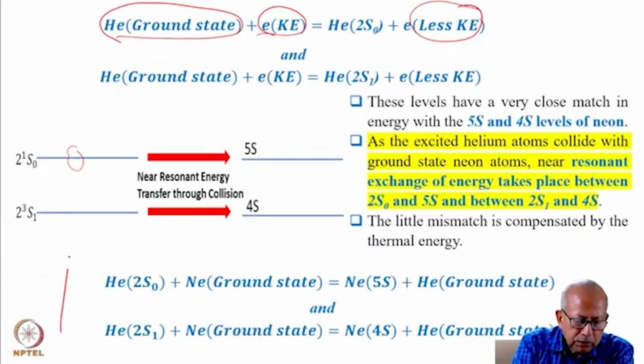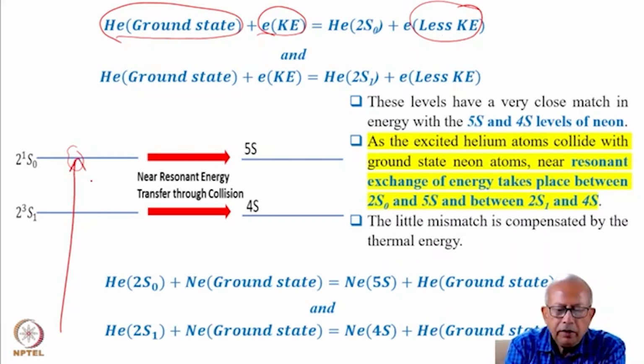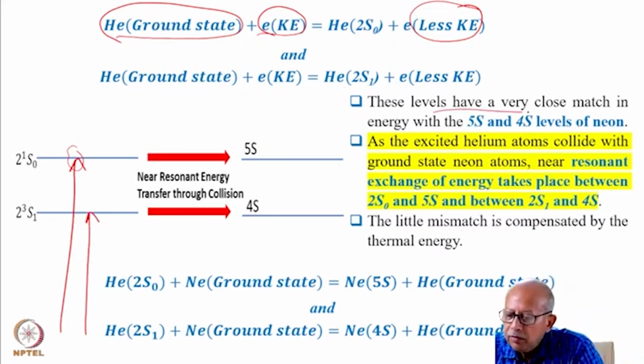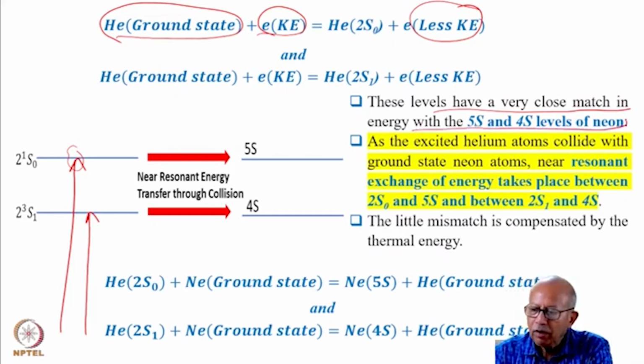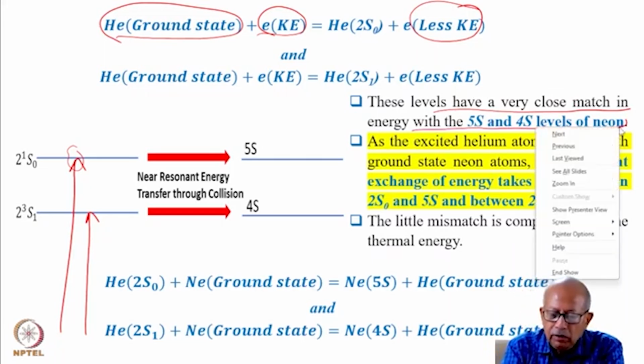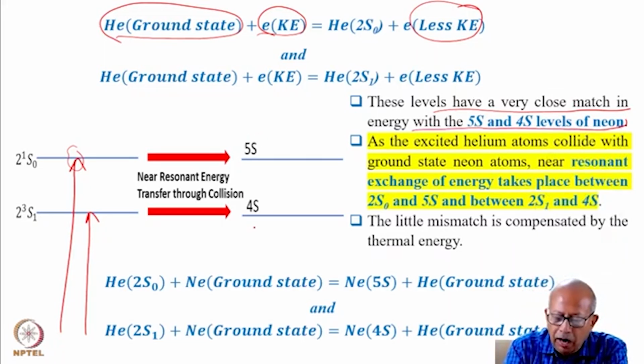And then some collisions of ground state helium with electrons will also bring it to this level. These levels have a very close energy match with the 5s and 4s levels of neon. These are the upper levels for the neon.